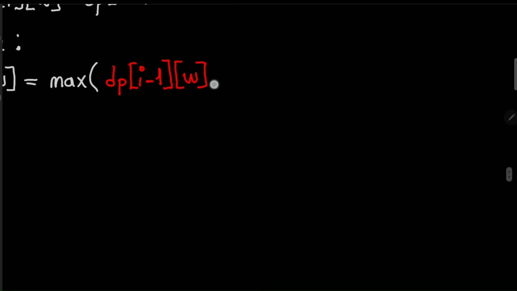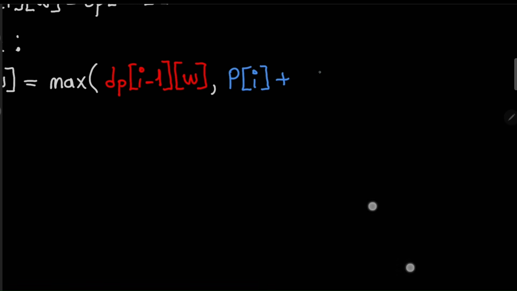And we are taking the previous row, or we add the profit of this item to the best solution for the remaining capacity, basically.